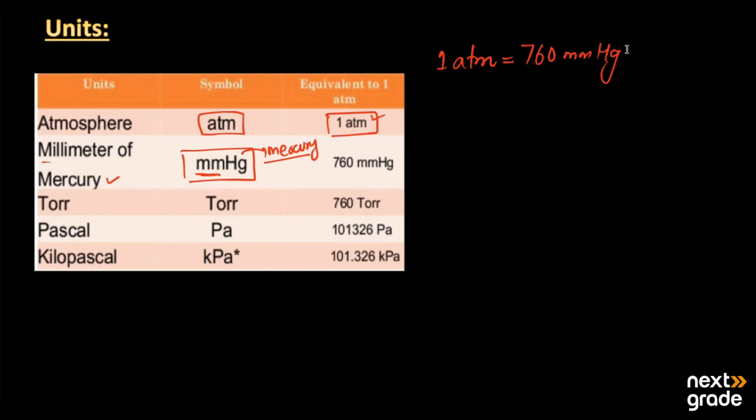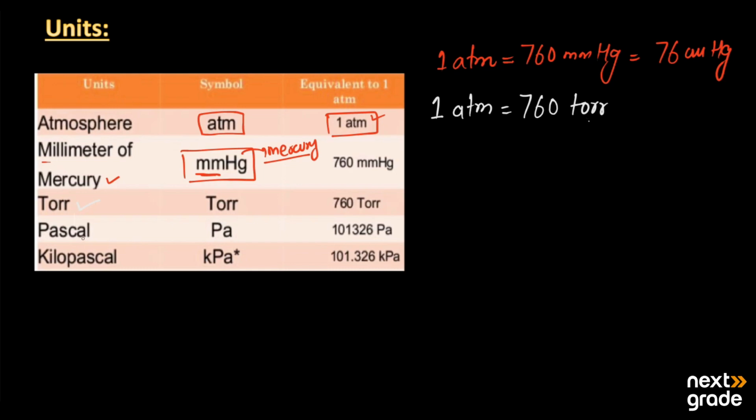When we convert it into centimeter of mercury, it is equal to 76 centimeter of mercury. The next unit is torr. When we have 1 atm, it is equal to 760 torr.